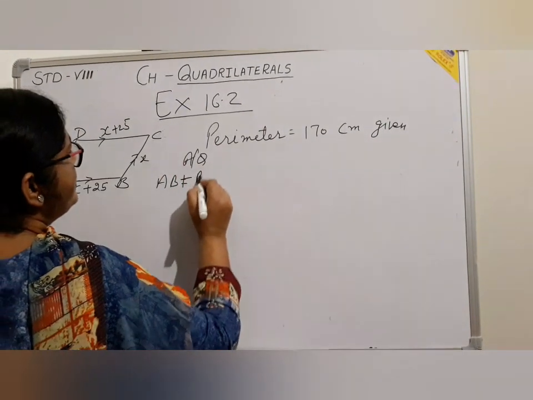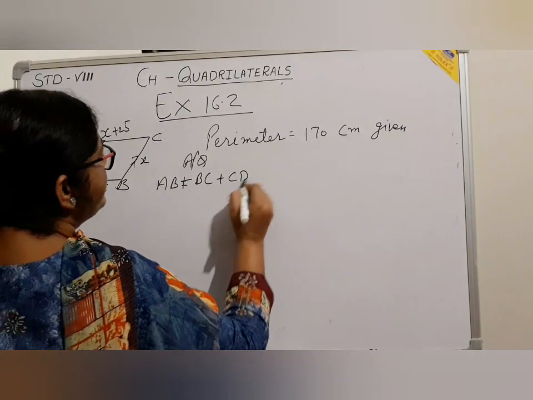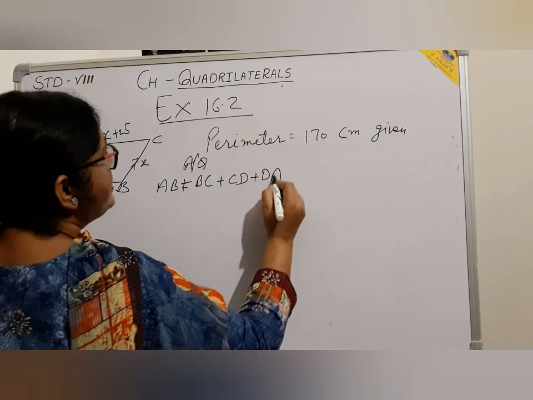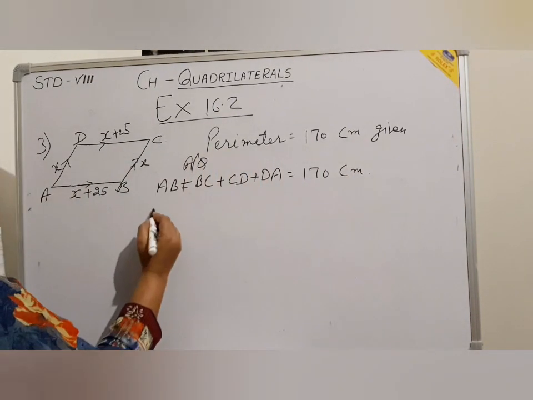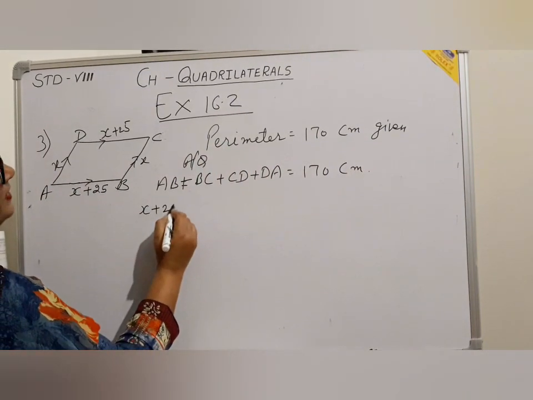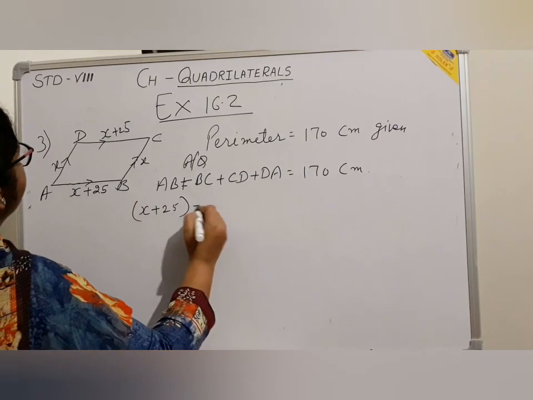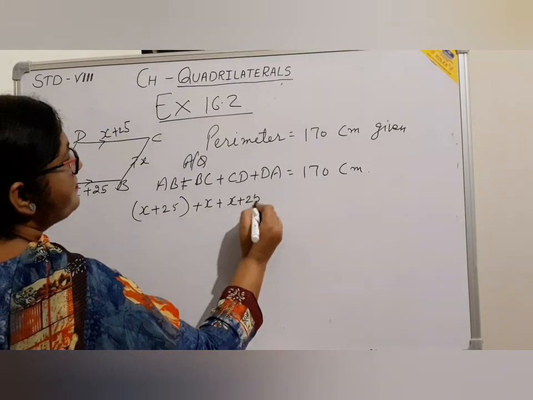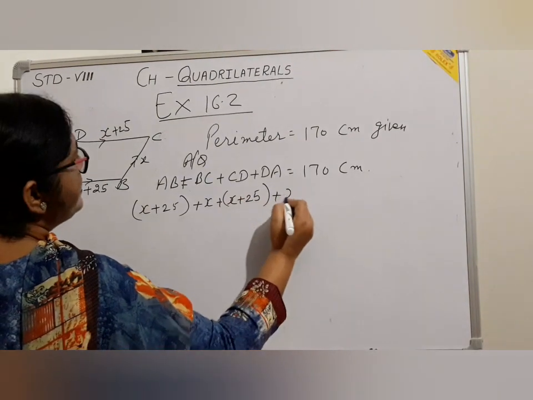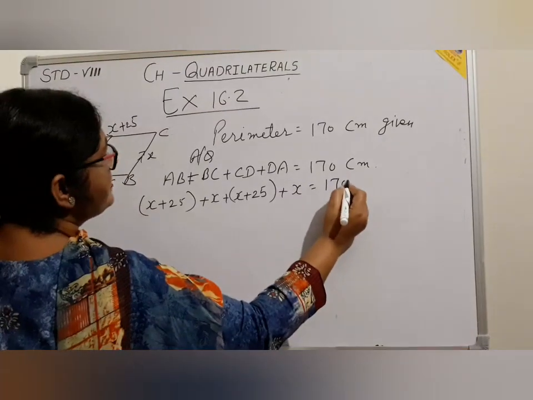AB plus BC plus CD plus DA is equal to 170 centimeter. AB is x plus 25, BC is x, CD is x plus 25 and DA is x, equal to 170.